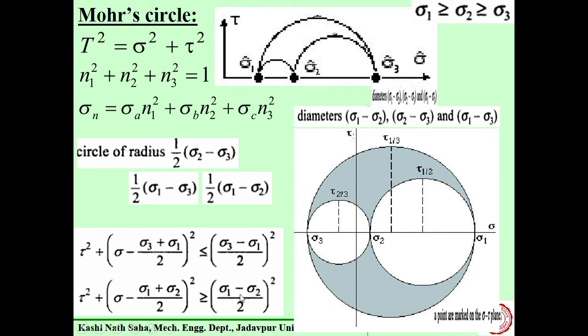This is (sigma 1 minus sigma 2)/2, that means this is the radius, that is obviously what we know. But this is greater than or equal to. We will come to that. Observe that. So that means the possible region from the previous one was the entire inside. But now we are excluding this much. This is not a possible state of stress.